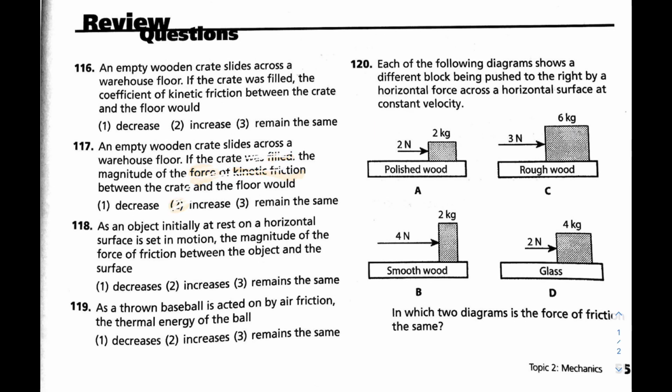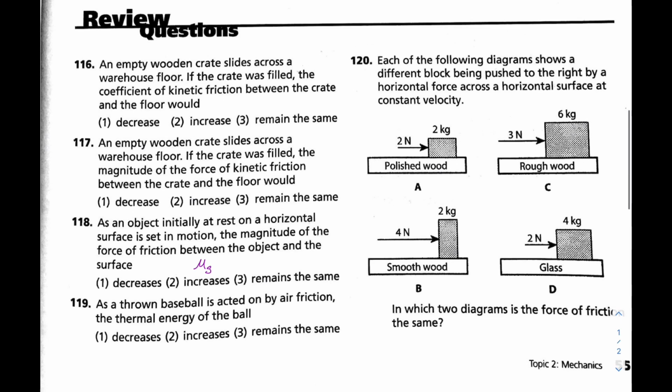All right, the next one: an object initially at rest on a horizontal surface is set into motion. So that means it starts off at rest and then it ends up in motion. This is the difference between the coefficients of static friction and the coefficients of kinetic friction. When we look at our reference table, we will always see that the coefficient of static friction, mu sub s if you want, is always going to be larger than the coefficient of kinetic friction.